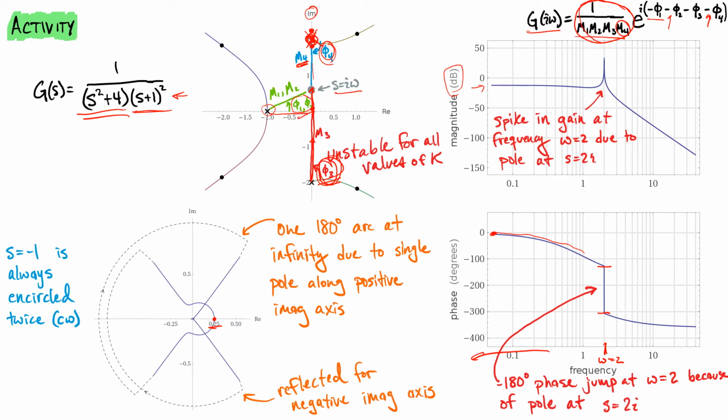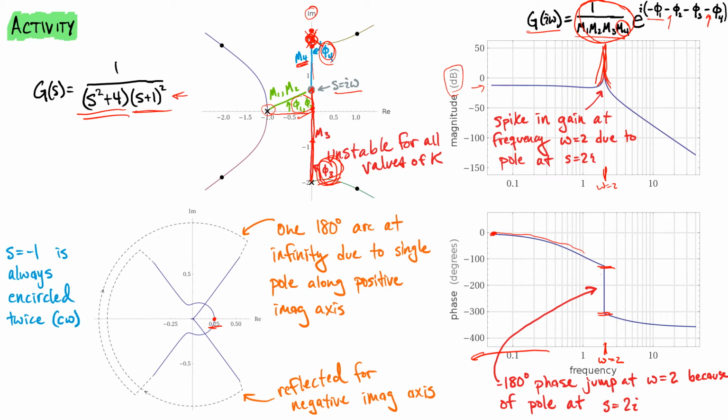That accounts for this spike in the magnitude, and it happens again where omega is equal to 2. So at that same point, we get this 180 degree jump, and we also get this spike in the magnitude. So that's our way of overall sketching the Bode diagrams.